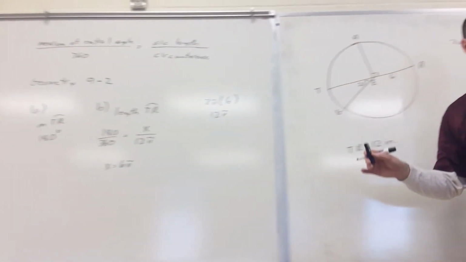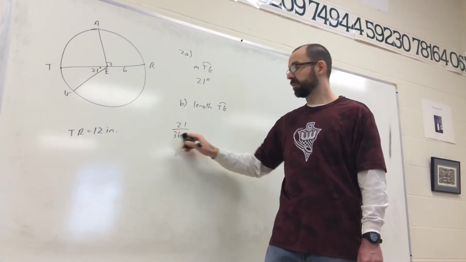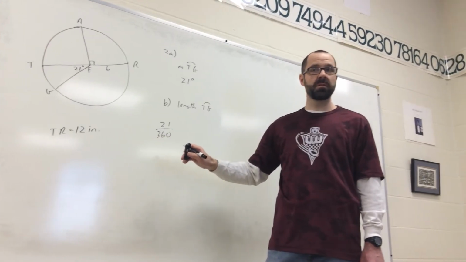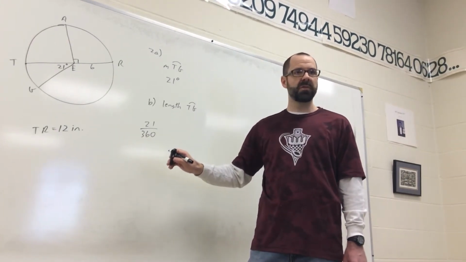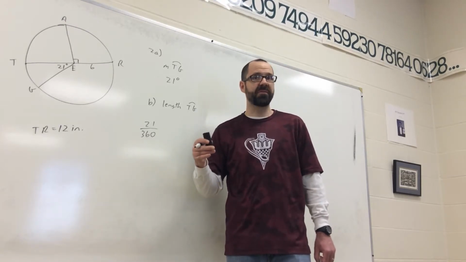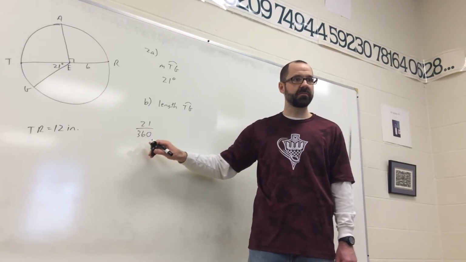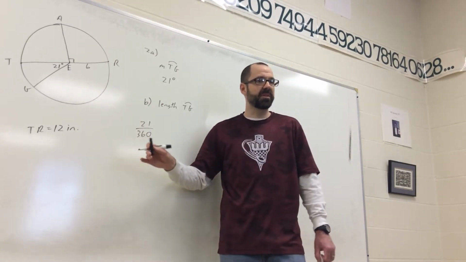But this one, the fraction is going to be a little tougher. It's 21/360ths. So this is not going to be as convenient for our brains because we're all good at a half, but we're not as good at 21/360ths. But it's still the same concept.